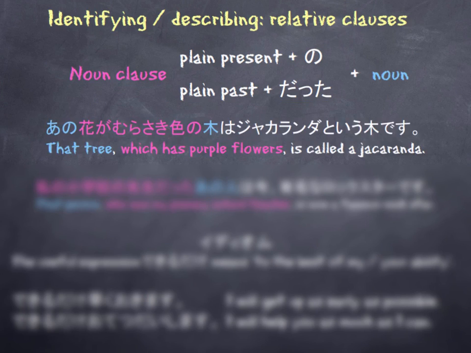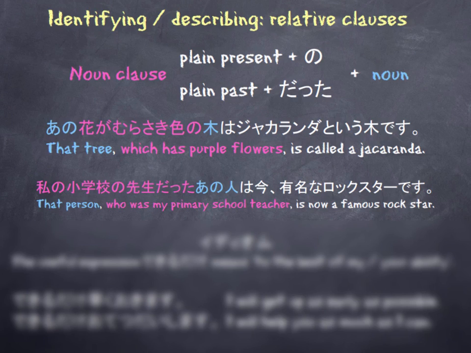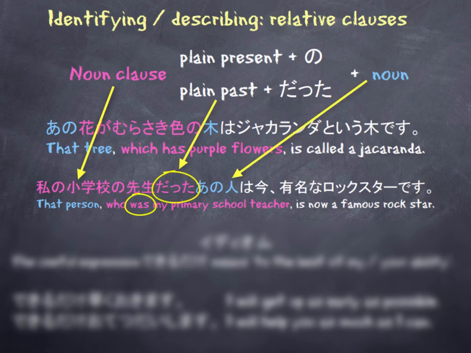So that tree which has purple flowers is called a jacaranda. あの花が紫色の木はジャカランダという木です。And in our final example here, that person, who was my primary school teacher, is now a famous rock star. 私の小学校の先生だったあの人は今有名なロックスターです。So in this case, our noun clause is 私の小学校の先生だった. So it's our noun clause in its plain past tense. And we've finished with our noun here, which is あの人, that person.